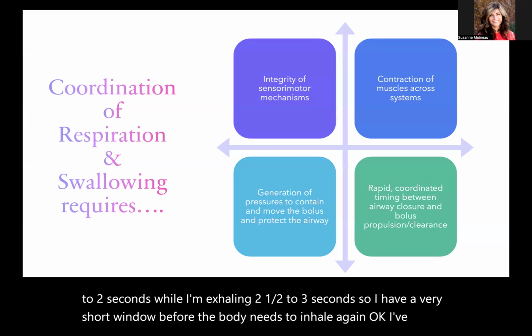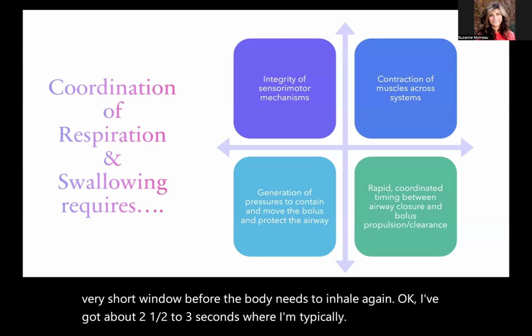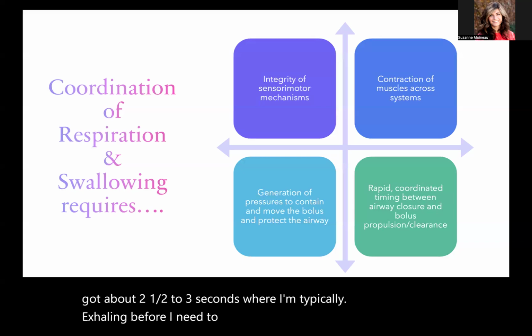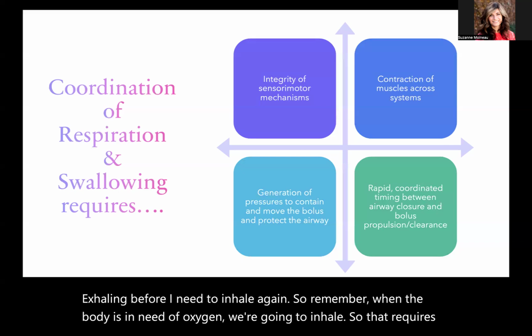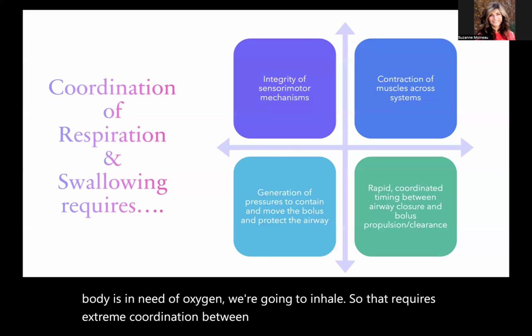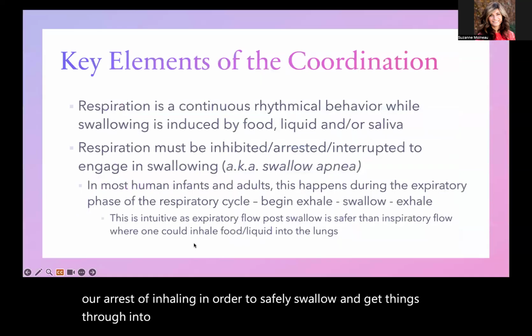Okay, I've got about 2.5 to 3 seconds where I'm typically exhaling before I need to inhale again. So remember, when the body is in need of oxygen, we're going to inhale. So that requires extreme coordination between our inhalation and our exhalation, or our arrest of inhaling, in order to safely swallow and get things through into the esophagus.